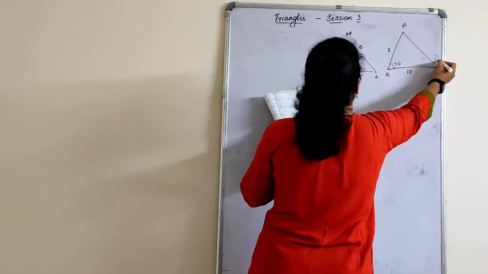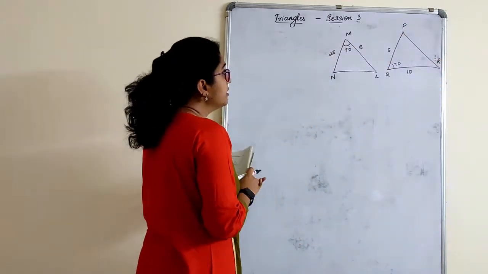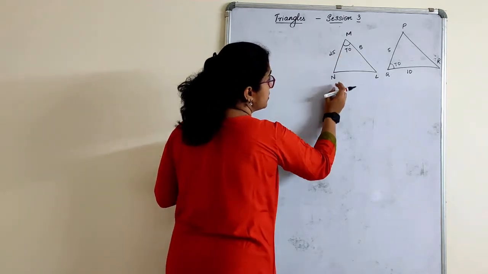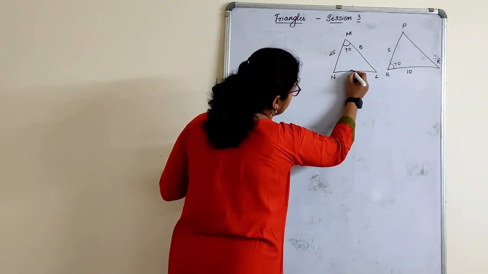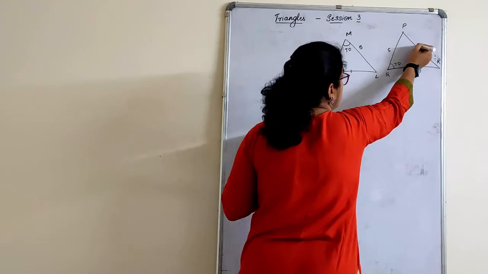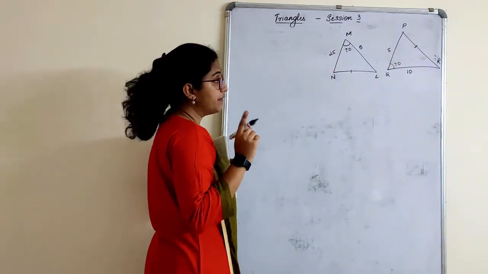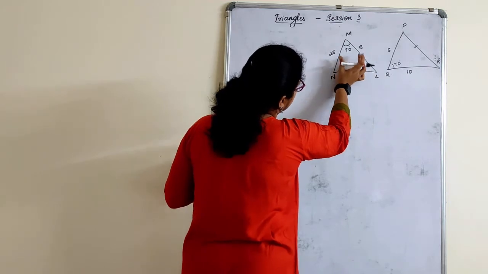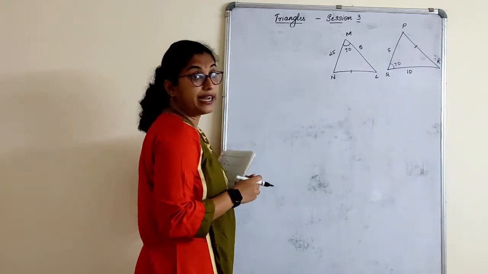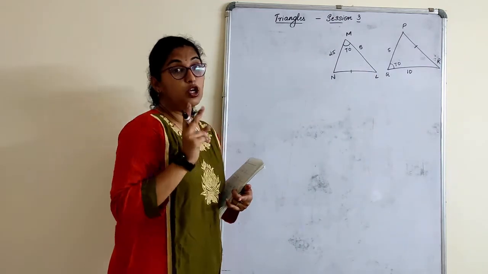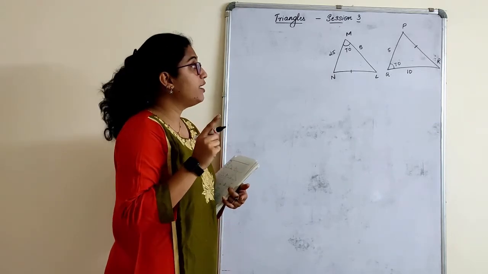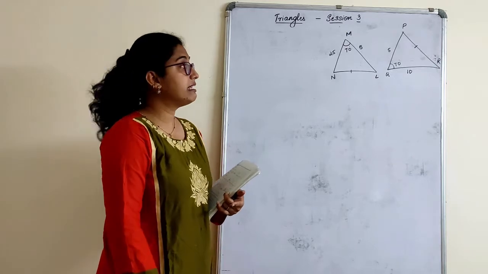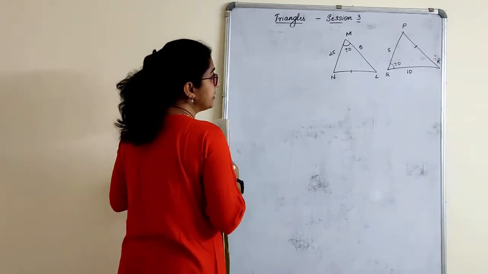So this is P, Q and R. Now see here, children, first of all, NL is opposite to 70. So I will just mark here, this side is equal to this side. Be very careful in the sides part. Now these are the two parts given. With respect to that, we need to find the sides. So which will it come? Two sides are proportional and one included angle is there. That means it is the SAS similarity criteria.